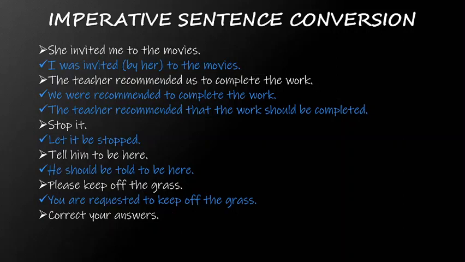Correct your answers. Now this can come as an advice. You are advised or maybe even ordered. You are ordered to correct your answer. We can do that. Or we can use another verb. For example, have your answers corrected. So have your answers corrected.